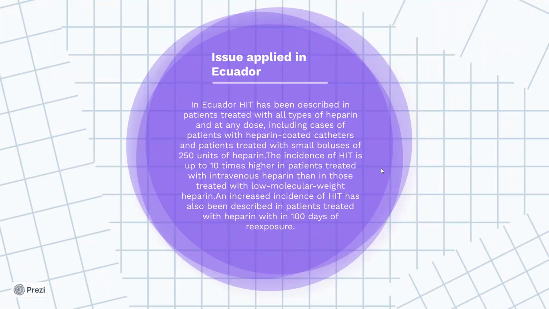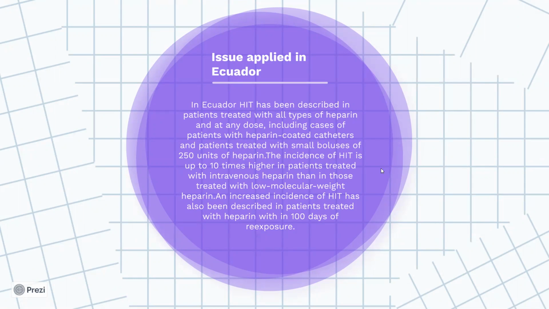Issues applied in Ecuador. In Ecuador, heparin-induced thrombocytopenia has been described in patients treated with all types of heparins and at any dose, including cases of patients with heparin-coated catheters and patients treated with small boluses of 216 units of heparin.